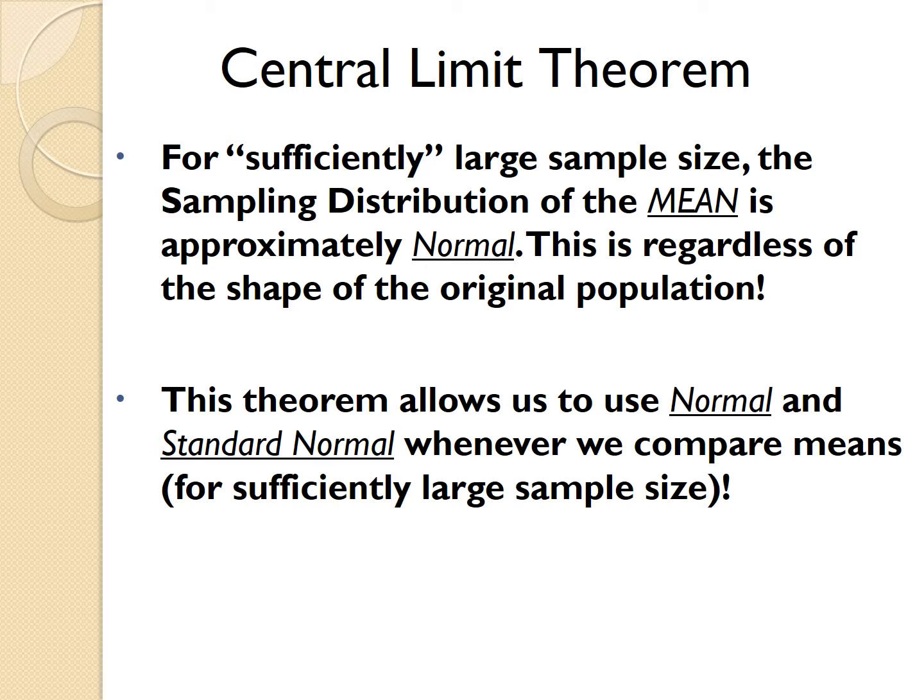The theorem states that, given certain conditions, the arithmetic mean of a sufficiently large number of iterates of independent random variables, each with well-defined expected value and well-defined variance, will be approximately normally distributed, regardless of the underlying distribution. This theorem allows us to use normal and standard normal whenever we compare means for sufficiently large sample sizes.